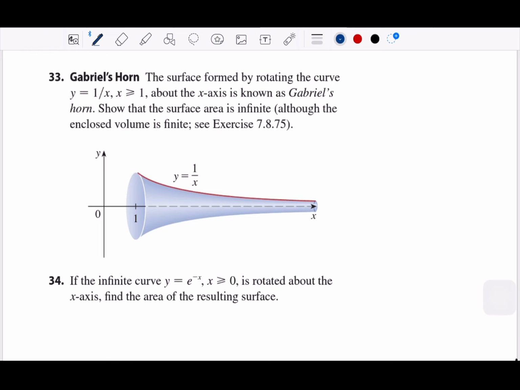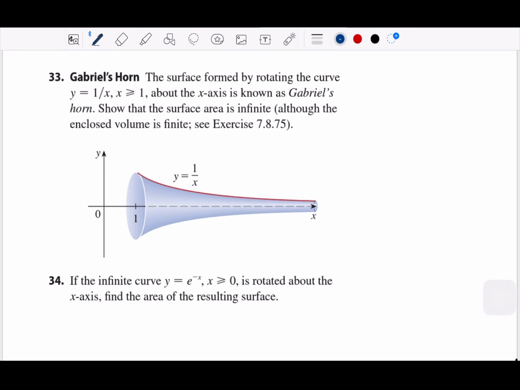How to solve this is that in the process you are going to compare, so you need to use some comparison method. If you remember from calculus 1, you had a comparison method to show whether the integration converged or diverged, right? If you remember how.